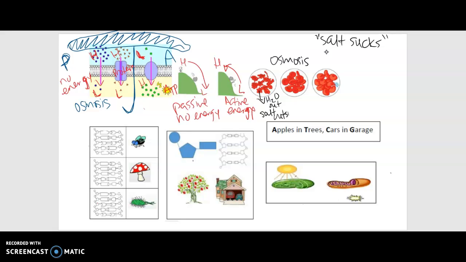So that salt is drawing that water out of the cell and the cells are getting smaller. This one, there's more salt on the inside, so water, or H2O, is going in because there's more salt on the inside of the cell.